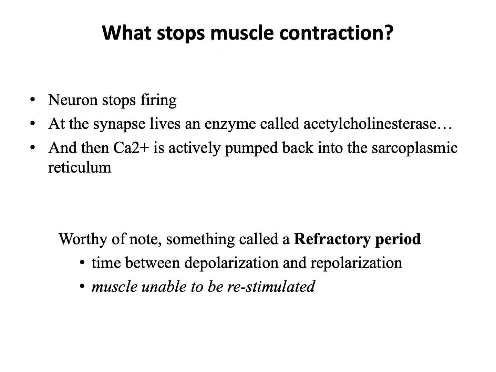Okay, what stops a muscle contraction? The neuron stops firing, so the brain says, okay, enough contracting. I want to relax that muscle. We have an enzyme that lives inside that synapse, the gap between the neuron and the motor end plate, and it's nicely called acetylcholinesterase. Acetylcholinesterase breaks down acetylcholine.